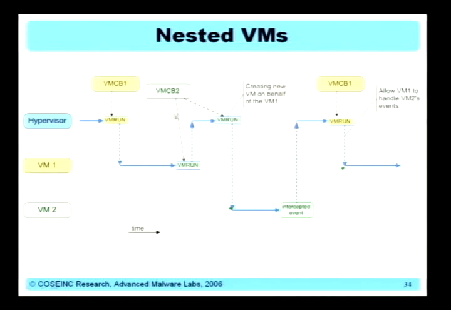So here we have the hypervisor. This is Bluepill, right? Bluepill called vmrun to actually run the native operating system, which was Bluepill. So this is our operating system, and this is the Bluepill hypervisor. Let's say that this operating system now tries to create a virtual machine by itself. So it calls vmrun. First it creates a VMCB, let's call it VMCB number 2, because this was VMCB number 1.